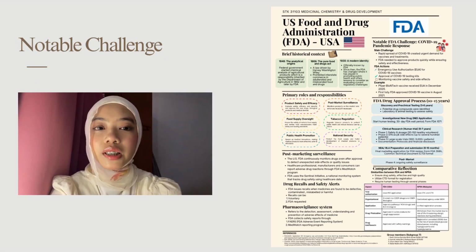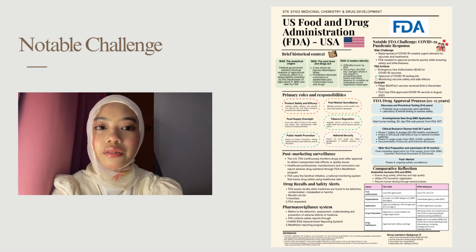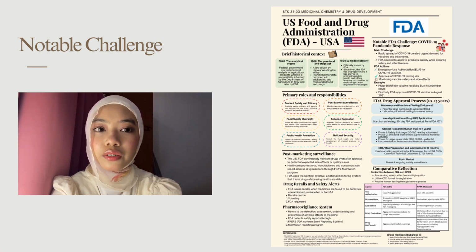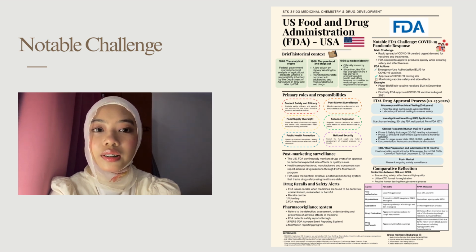Next, one notable challenge handled by the FDA was the COVID-19 pandemic response. During the pandemic, the FDA faced pressure to provide vaccines and medical products quickly while still ensuring safety and effectiveness. This was challenging because COVID-19 spread rapidly worldwide and there was an urgent need for treatment and prevention.